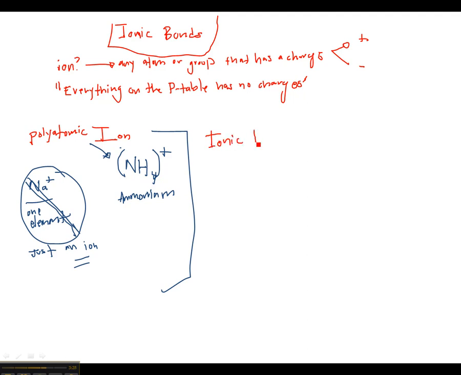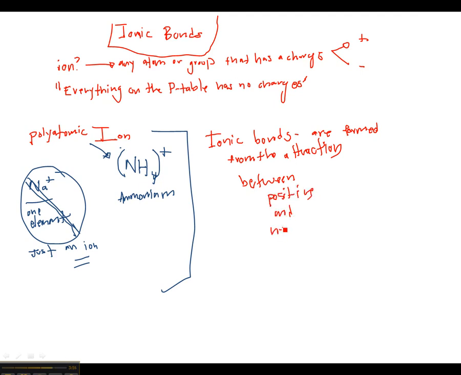Ionic bonds are formed from the attraction between positive and negative ions. That's what ionic bonds are.